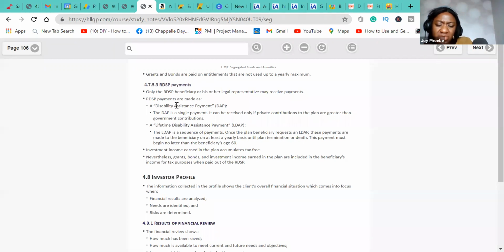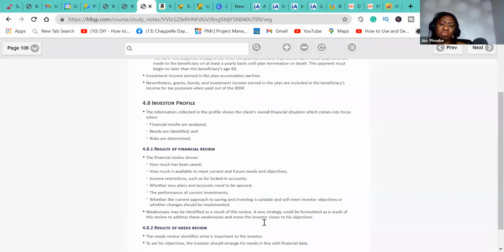Okay, we're about to finish investor profile again. Well, the information collected in the profile shows the client's overall financial situation, which comes into focus when financial results are analyzed, needs are identified, and risk is determined.